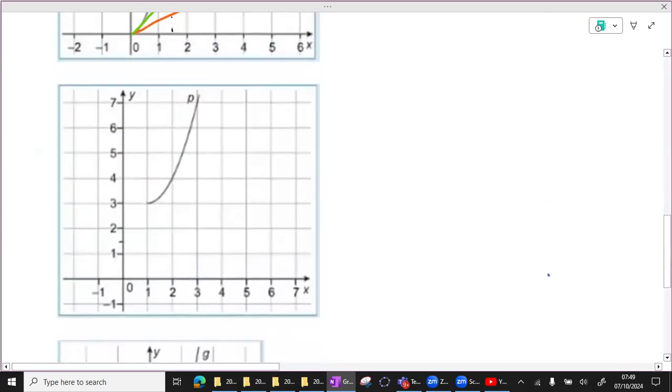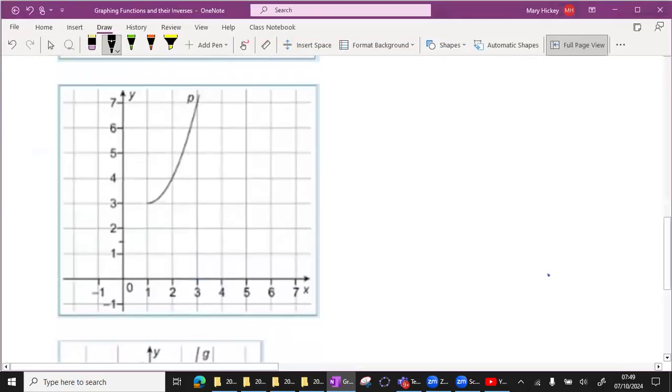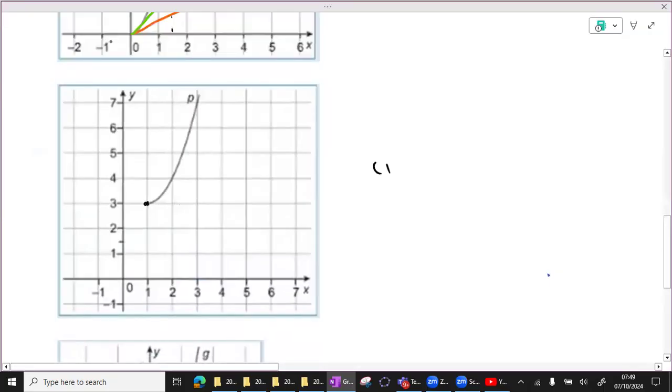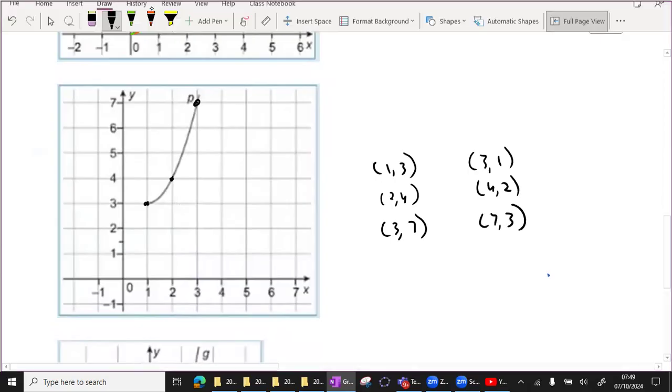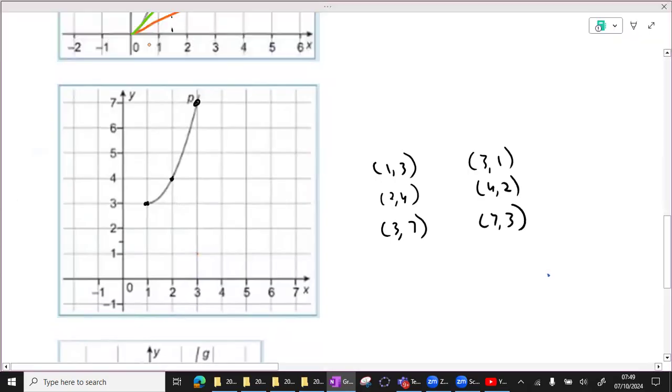Okay, we'll try two more and then we are done. So this is the point 1, 3. This is the point 2, 4. Some of them are easier because they pass through so much nicer. 3, 7. We just switch them. 3, 1, 4, 2, 7, 3. So I'm going to do that in orange. 3, 1, 4, 2, 7, 3.